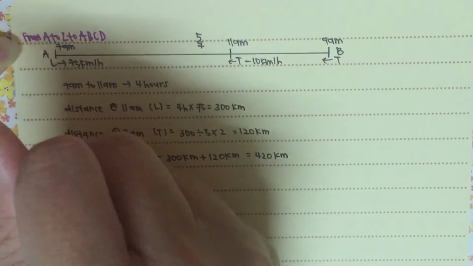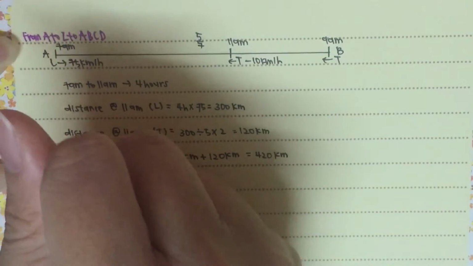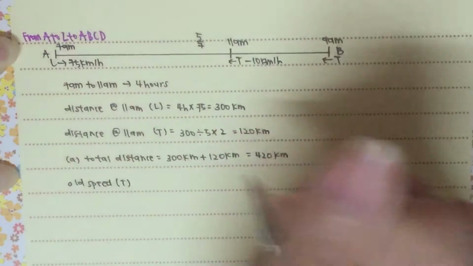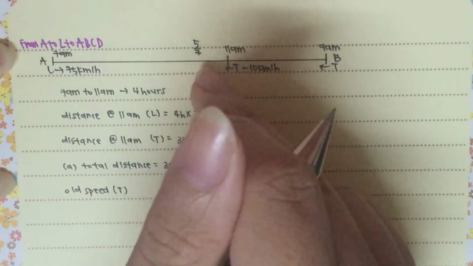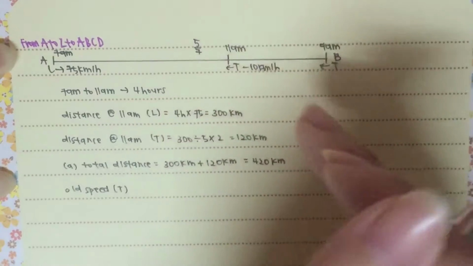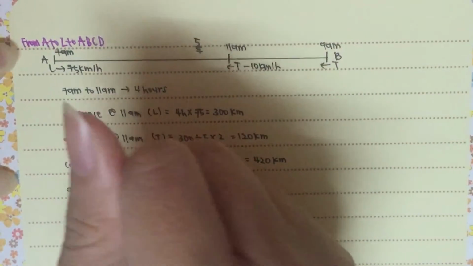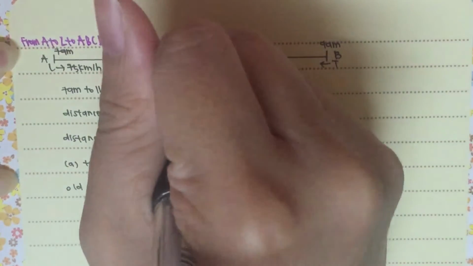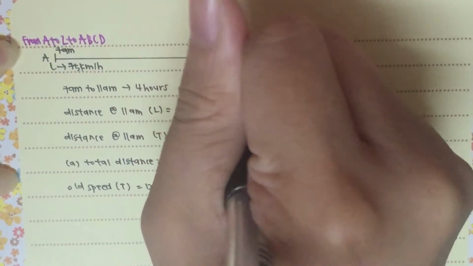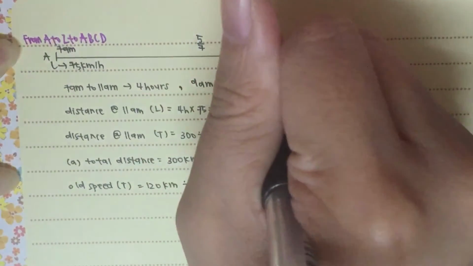Then, the old speed of Mr. Tan will be the distance traveled divided by the time taken for this part. The distance traveled is 120 km divided by the time. From 9 a.m. to 11 a.m., it will be 2 hours.